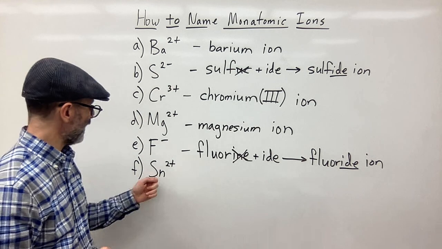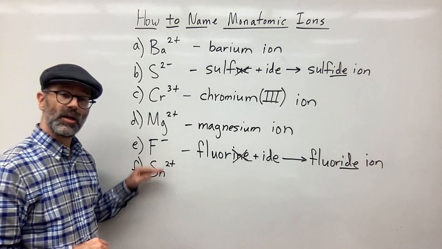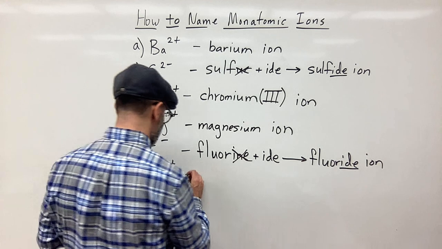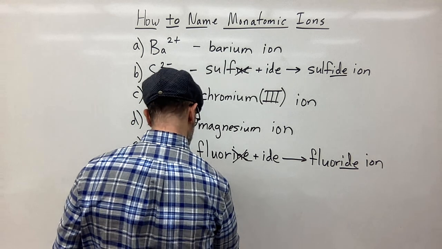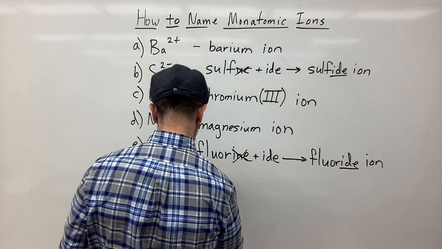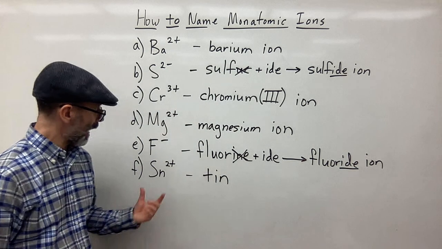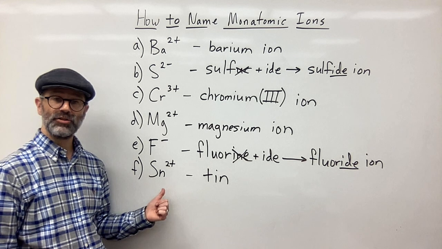And finally, we have Sn2 plus. Again, this is a metal ion, so we're going to have the name of the element. We're not going to change the ending. We don't change the ending for a metal positive ion. So this is going to be tin. Now here, you'll notice that this is not a transition element.